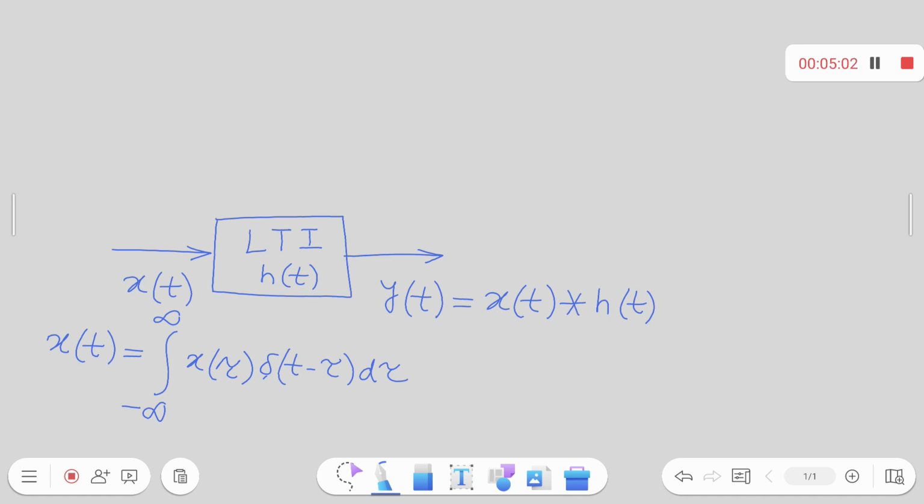On the other hand, if you consider a sinusoidal function, for example a sine omega t, this is a periodic function and it will exist for all t, ranging from minus to plus infinity.